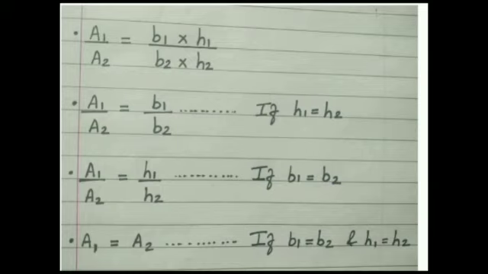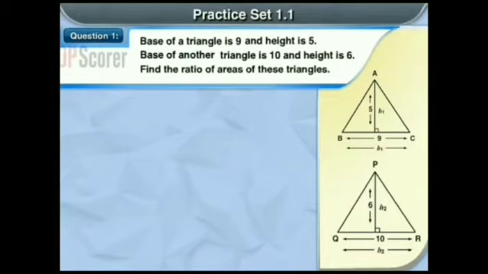Now let us use these properties and solve the sums of practice set 1.1. Question 1. Base of a triangle is 9 and height is 5. Base of another triangle is 10 and height is 6. Find the ratio of areas of these triangles. You can draw two triangles for your reference.